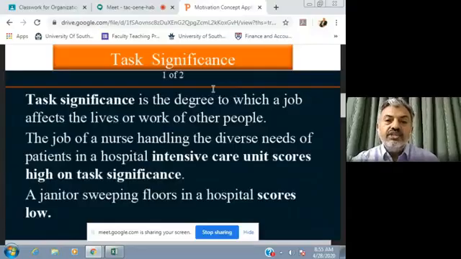So the nurses are quite skilled, and they take care of the situation. They provide the required services on the spot, and then they inform the consultant as well that this is how the situation of this patient is deteriorating, and this is what I have done.